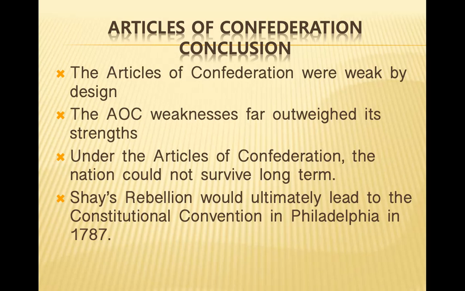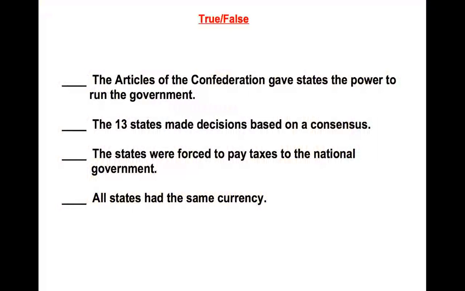And it became very apparent that if the Articles of Confederation stood as they were, the nation was not going to survive. So another constitutional convention was called in 1787, and it is from there that we get the building blocks for the Constitution that we see today.